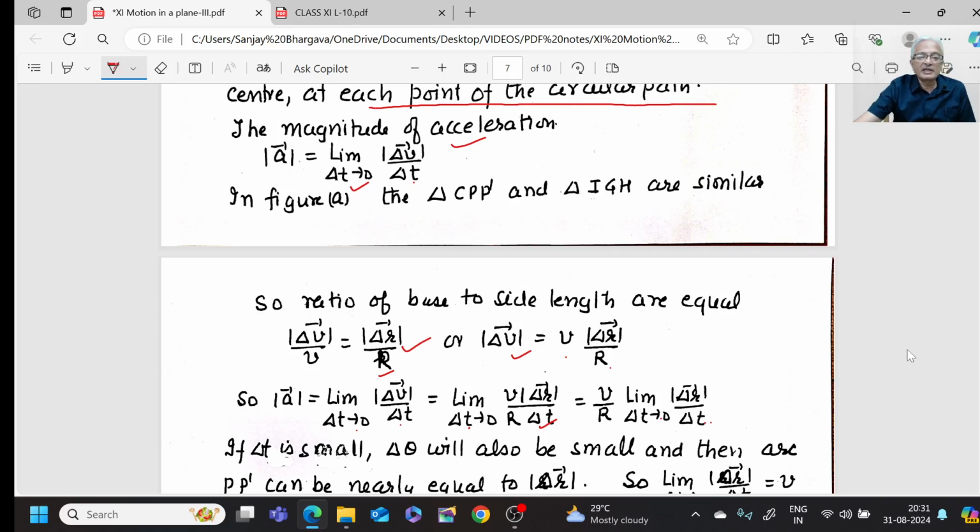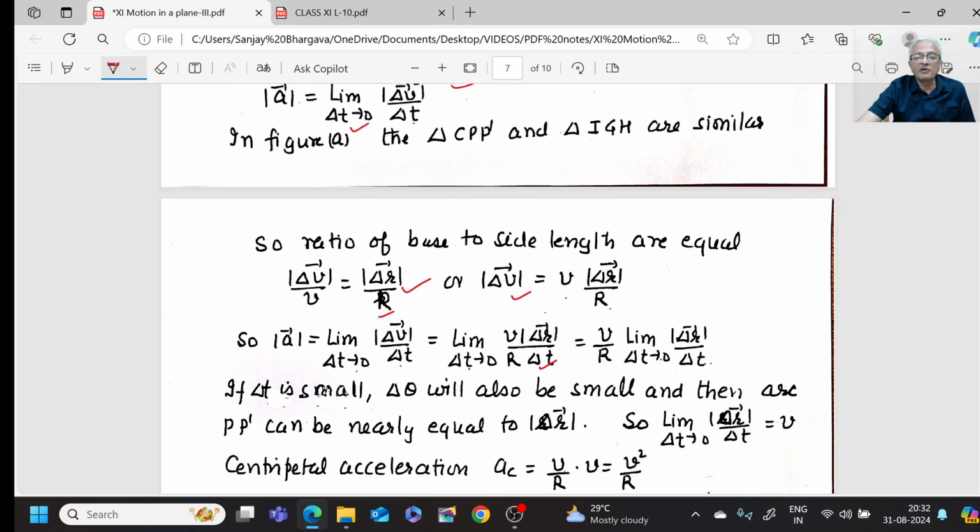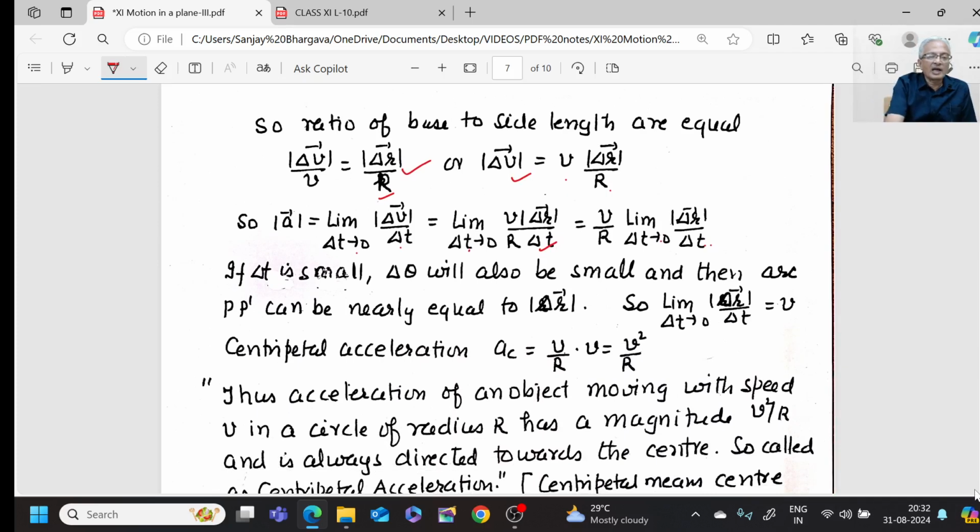If delta t is small, delta theta will also be small. Then the arc PP dash will be nearly equal to delta r. So the limit delta t tending to 0 of delta r by delta t is equal to velocity v. So centripetal acceleration is equal to v square by r, which can also be written as omega square r.